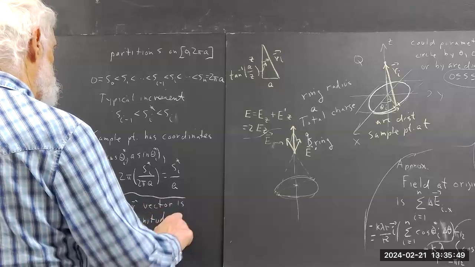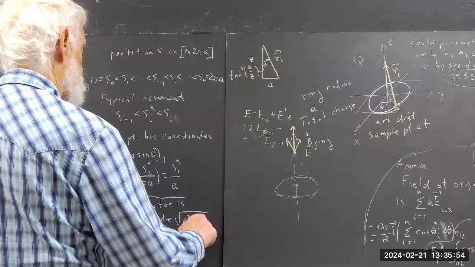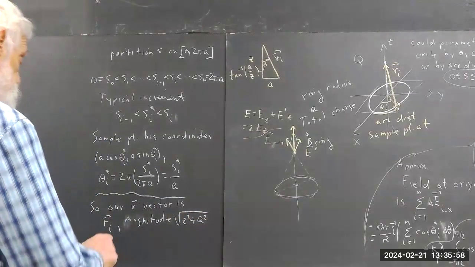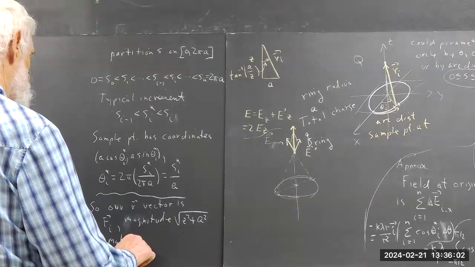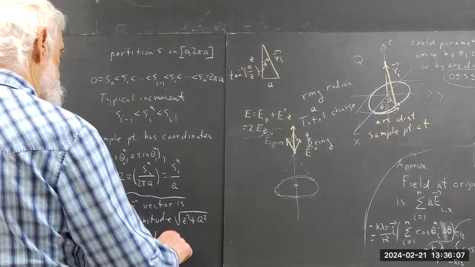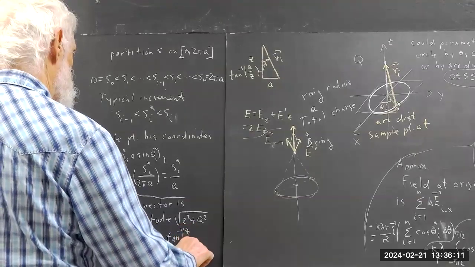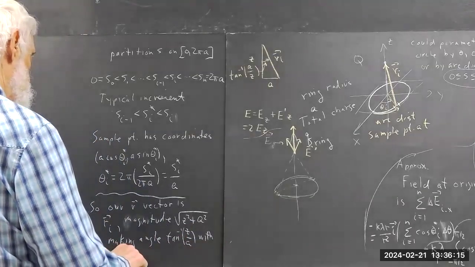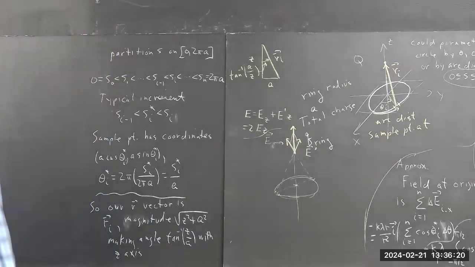So I should do the magnitude of this, square root of Z squared plus A squared. Making angle arctangent of Z over A with the Z axis.